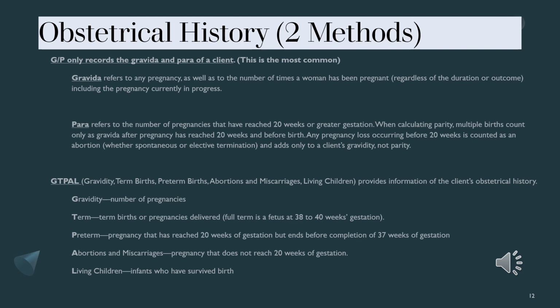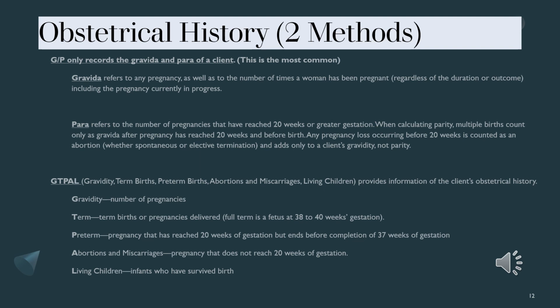Okay, so as I come in, there'll be two different ways that we'll record the obstetrical history of this patient. So GP is gravida and para. Gravida refers to any pregnancy, no matter how long that pregnancy is. If it was 4 weeks or if it was 40 weeks, it counts as a pregnancy.